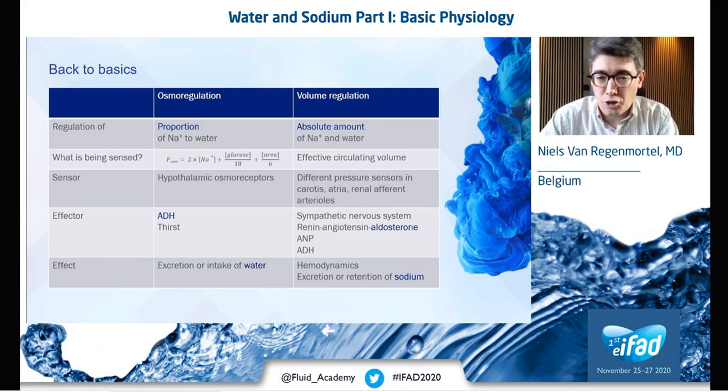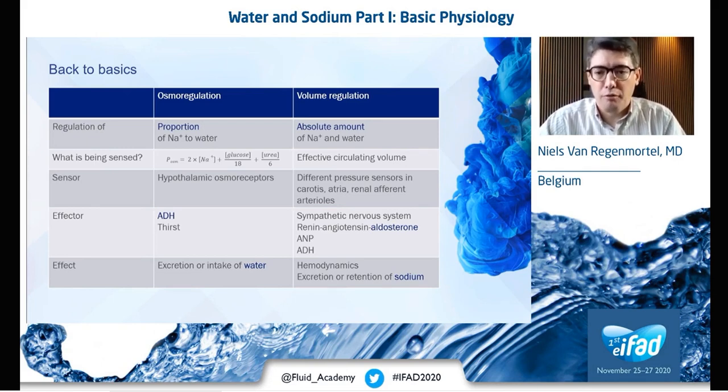And of course, just like our Swan-Ganz catheter and our central venous line, it is very difficult to measure volumes. So most of the time, these sensors measure pressure, and all these pressure sensors are distributed all over the body because all these typical regions of the body need different pressure regulations.